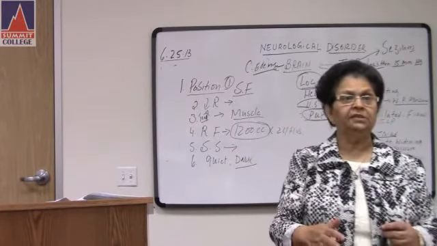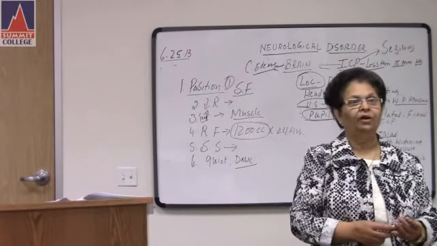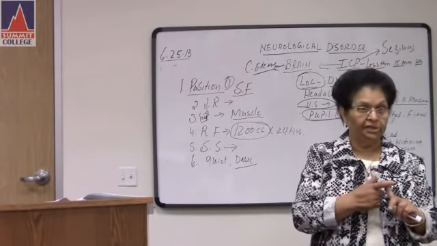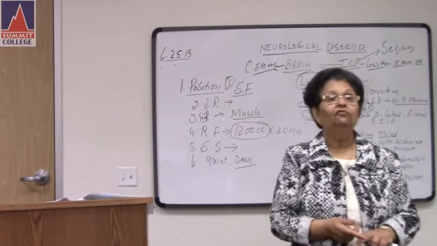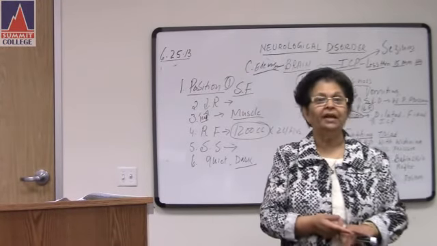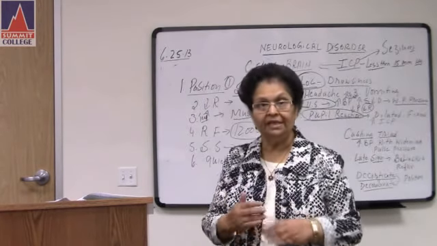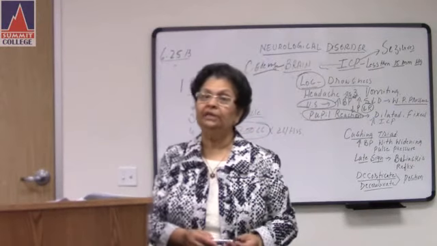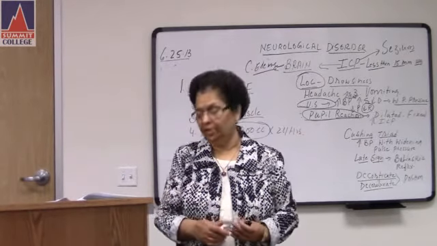One of our responsibilities here is to prevent ICP from going up. And what are you preventing it by? By positioning, and making sure you prevent them from constipation. Fluid is very important, and a non-stimulating environment. If you have those things in mind when you're doing neurological assessment, those answers will help you answer the question.